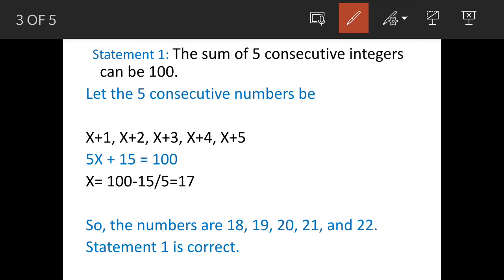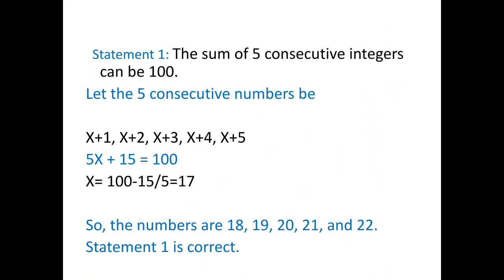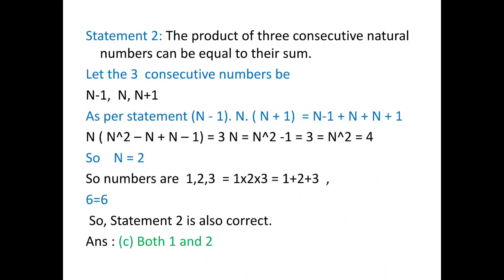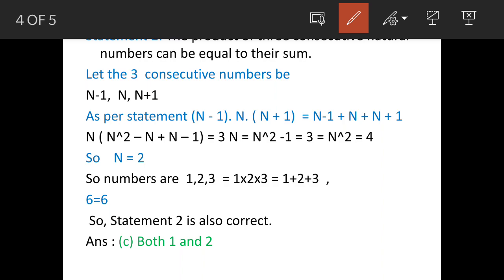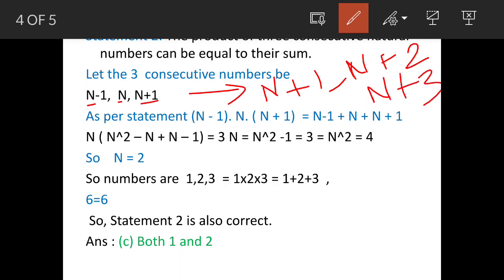Now let's see the second statement. Product of 3 consecutive natural numbers can be equal to their sum. So we'll assume the 3 numbers as n minus 1, n, n plus 1. Now you'll ask me why n minus 1, n and n plus 1, why not n plus 1, n plus 2, and n plus 3?